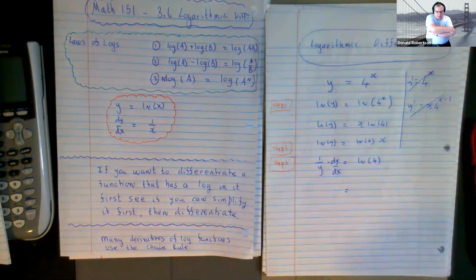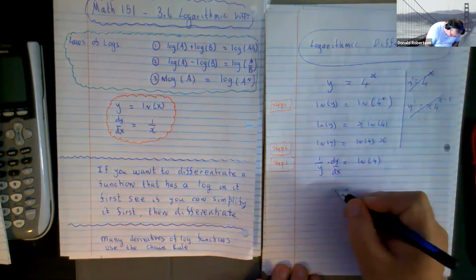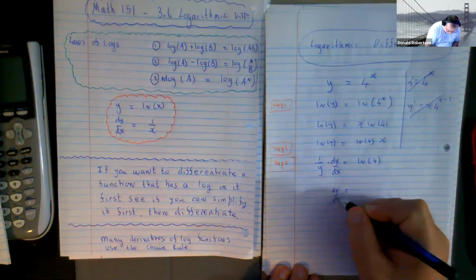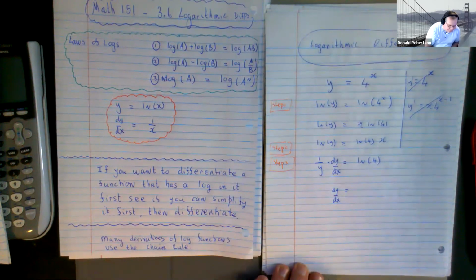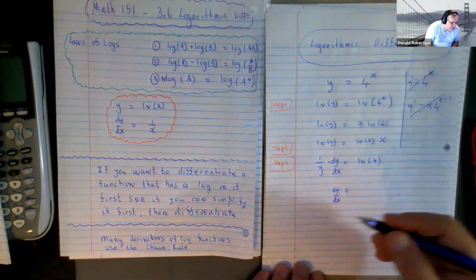Now, remember the goal here is to get dy by dx, the derivative. So algebraically, what should I do next to get dy by dx? Divide by 1 over y, or multiply by y, which is the equivalent.